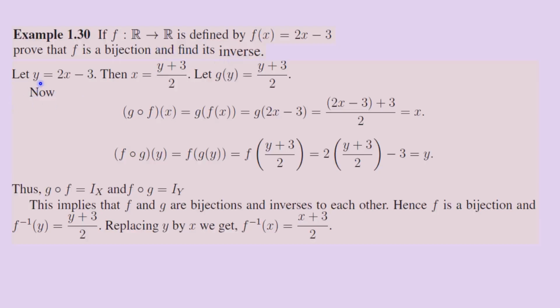In the working rule we already learned, the first step is to take y equal to f of x. Here, since f of x is 2x minus 3, y equal to 2x minus 3 is written. The second step of the working rule is to rewrite y equal to as x equal to in terms of y. So keeping 2x here, the minus 3 moves over and becomes plus 3, giving y plus 3.